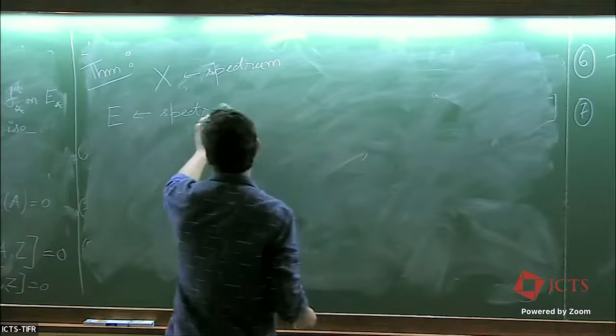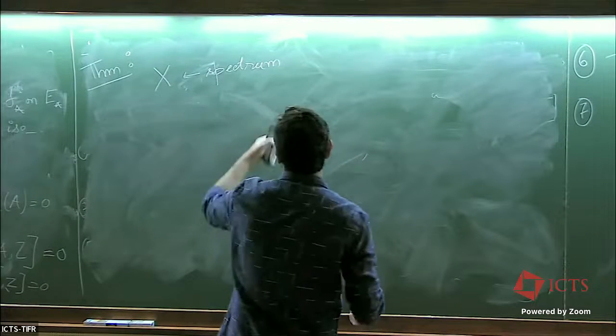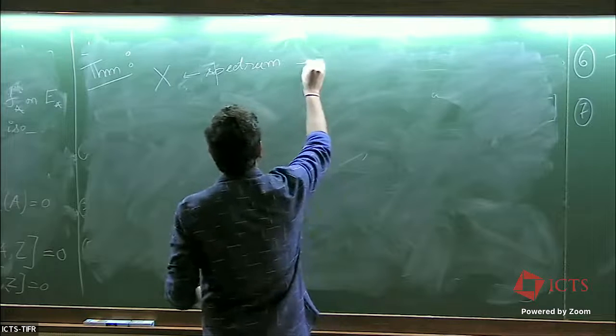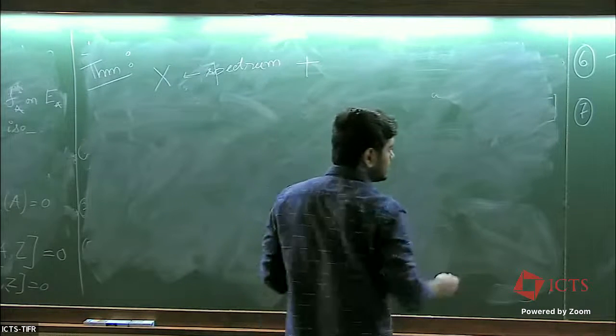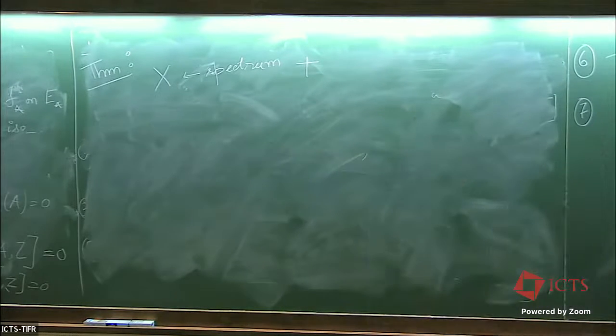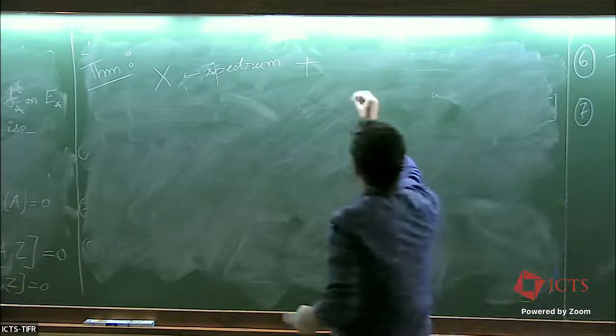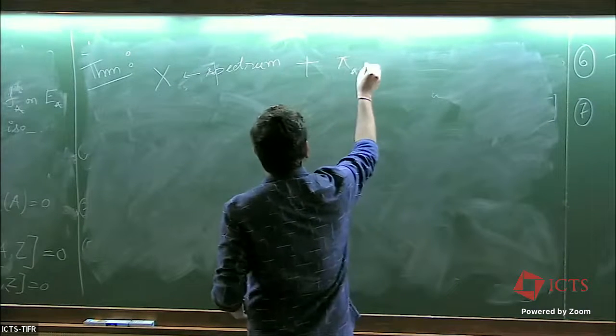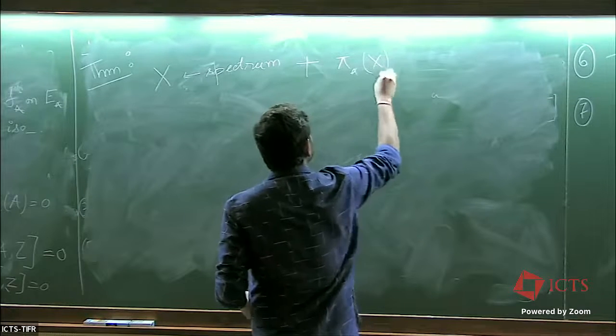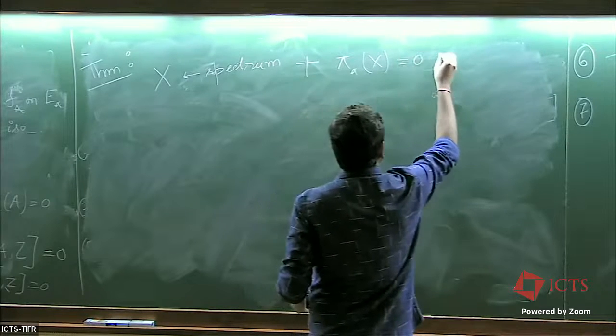Let's say X is a spectrum with homotopy groups, a notion of homotopy groups on the spectrum, such that the negative homotopy groups of X are 0.